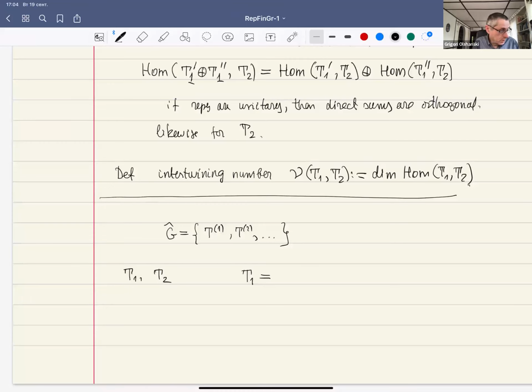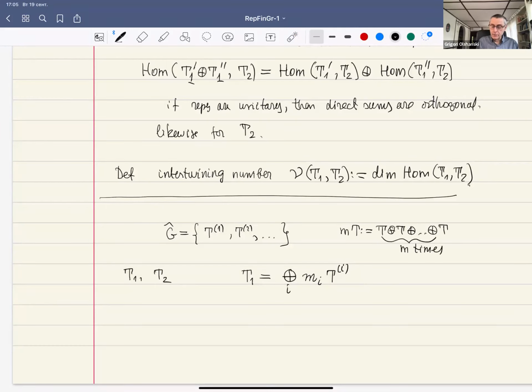T1 is the direct sum of our irreducible representations. And this notation means that we have a direct sum of some number m_i of copies of this representation. So in my notation, mT just means T plus T plus T, m times.